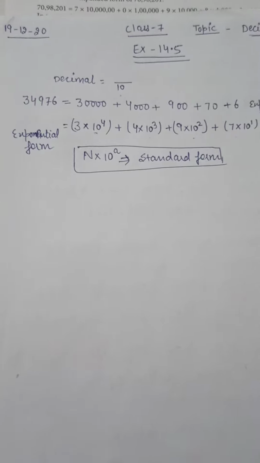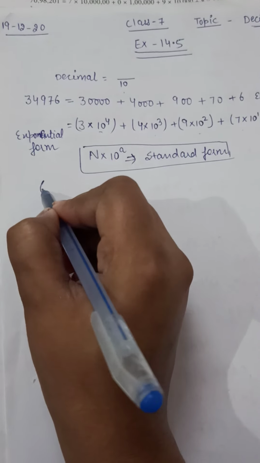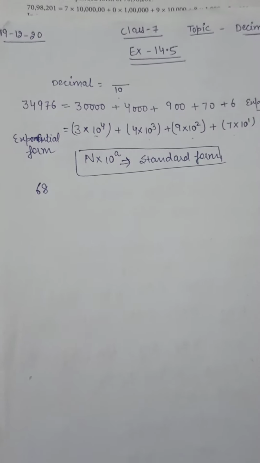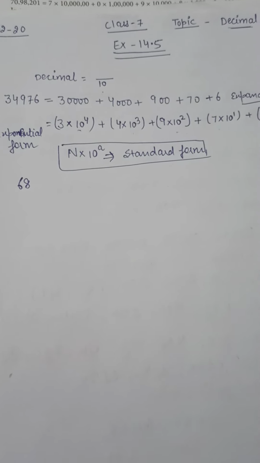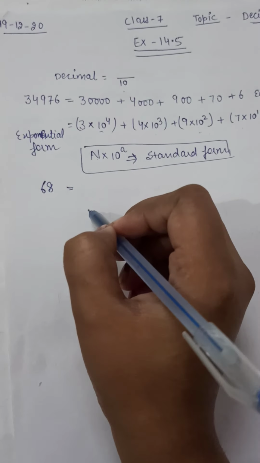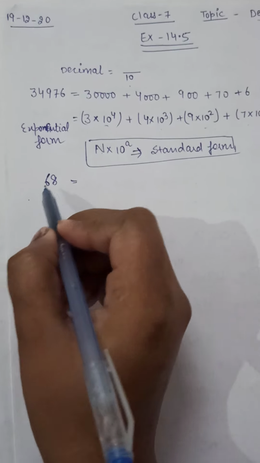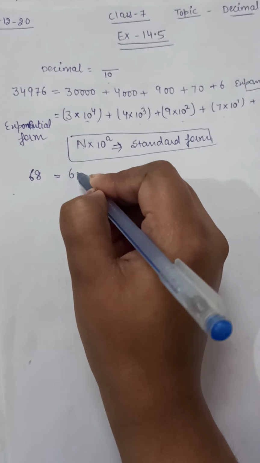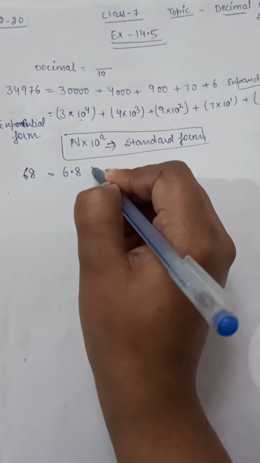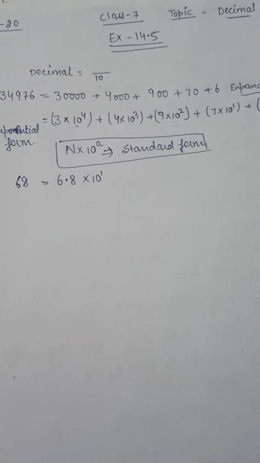Now see how you will write in standard form. 68 is given. So in standard form, this number will be written like this: 6.8 multiplied with 10 to the power 1.